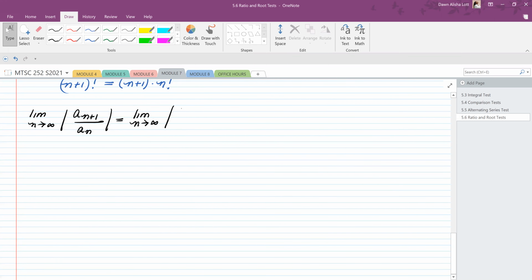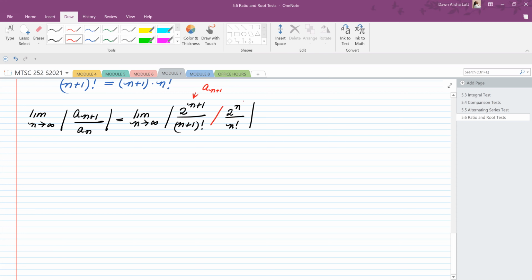So this is 2 to the n plus 1 over n plus 1 factorial, and that divides by 2 to the n over n factorial, which is an. So this piece right here is an plus 1, and then that should be in the subscript.